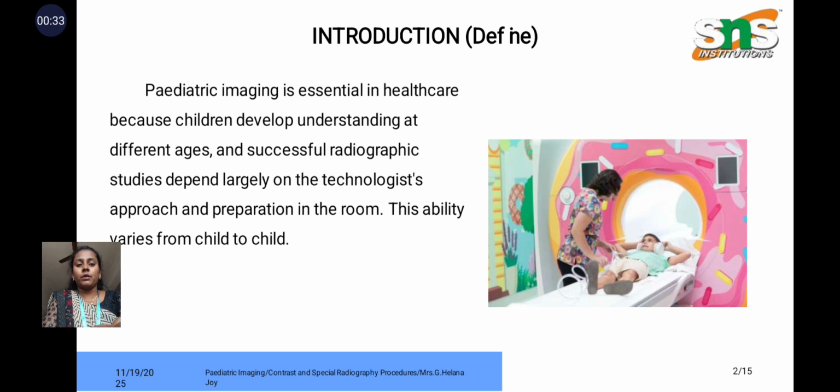These abilities vary from child to child. It differs according to their development.